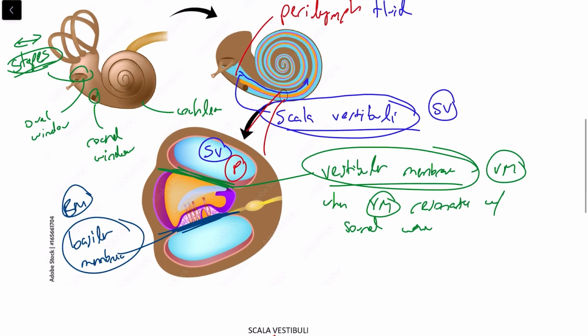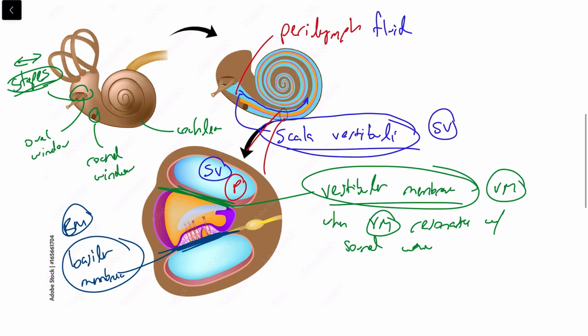And the reason why this is important to us is because we've got a very special organ here. So this organ, I'll use a good color, is something that's referred to as the organ of Corti.